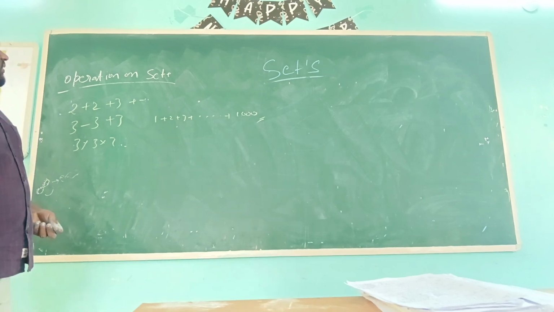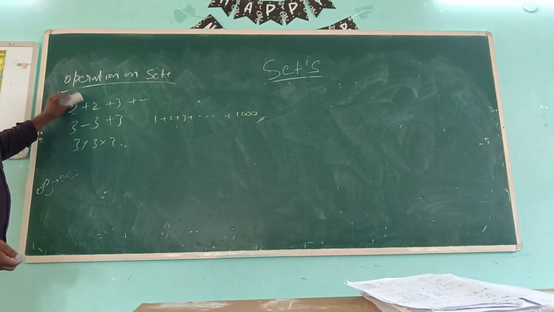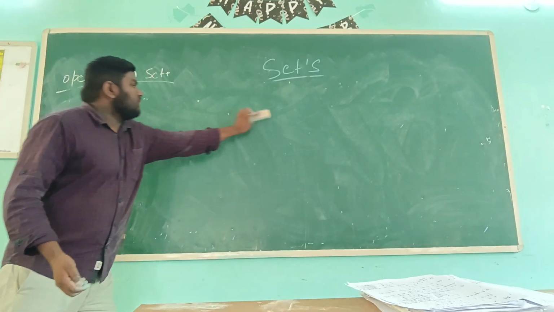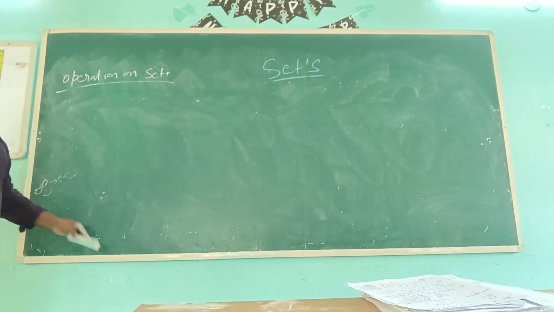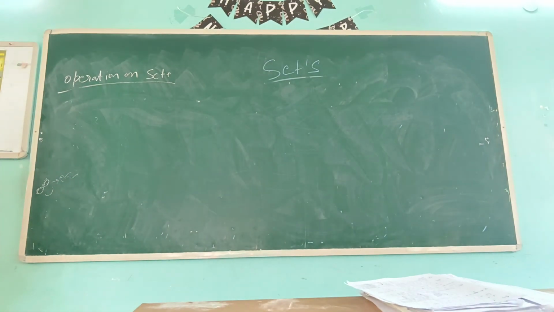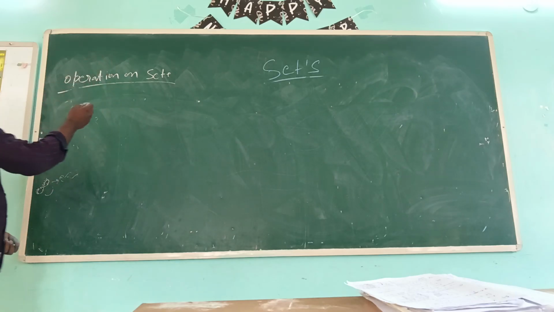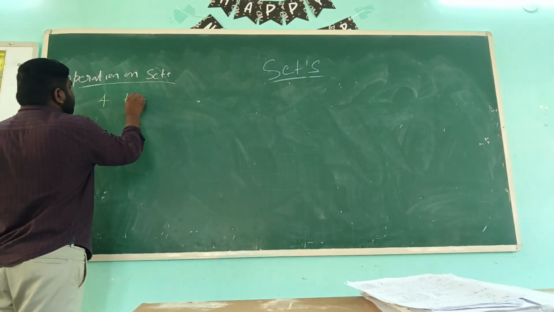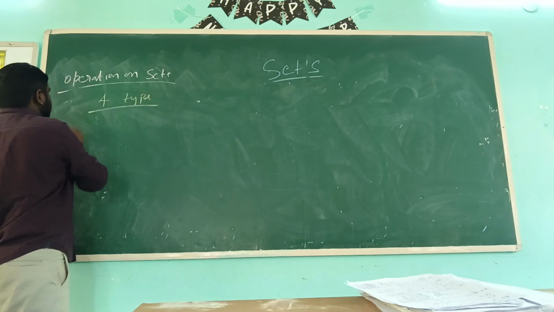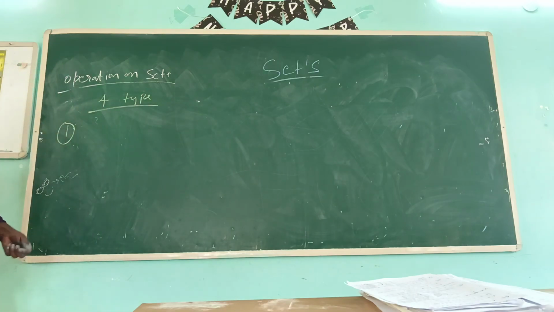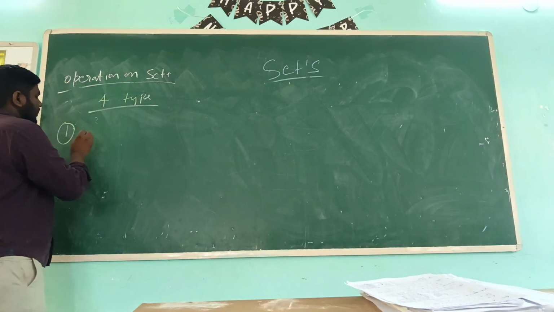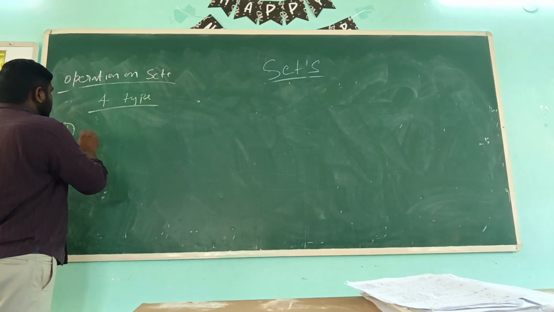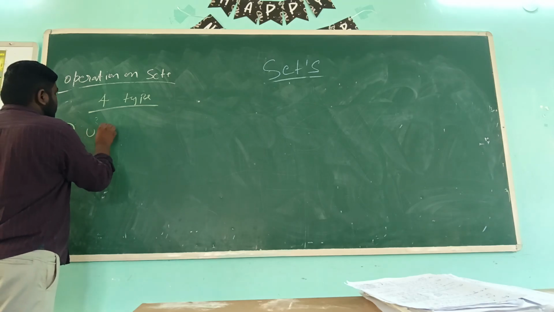Our mathematicians introduced the operation on sets. Operations on sets can be done in 4 types. One is the union operation.